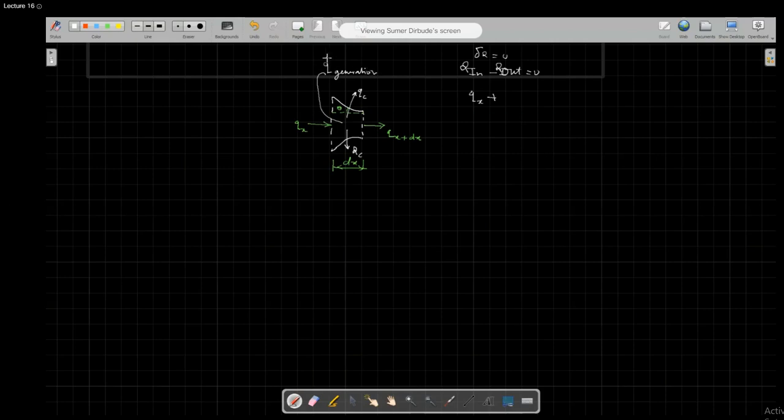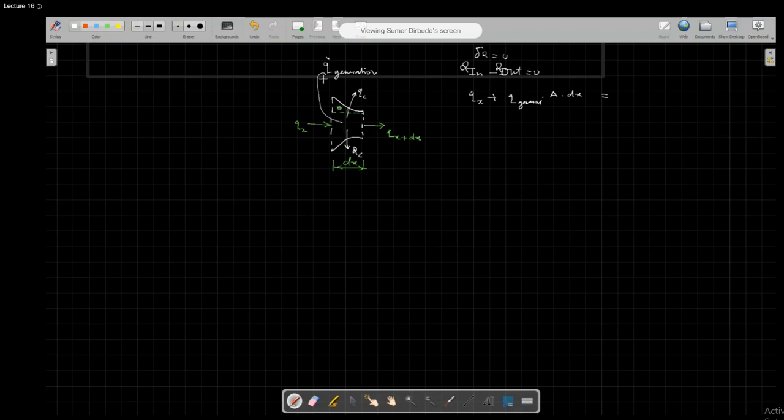That case also we are going to consider, for example. Then Q generation is a volumetric phenomenon. So area into dx, cross-sectional area into dx, is the volume. This is an in quantity.